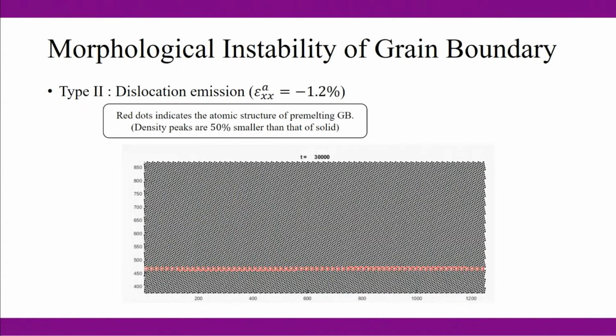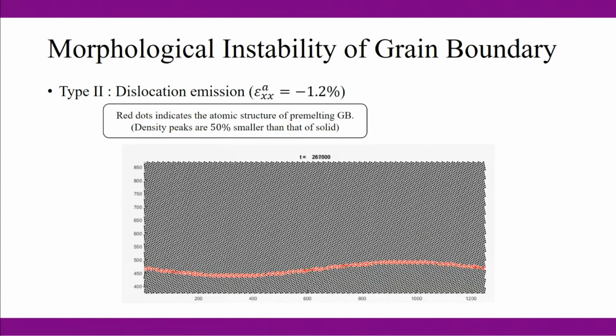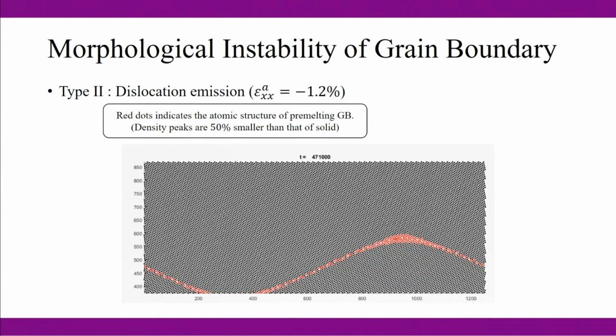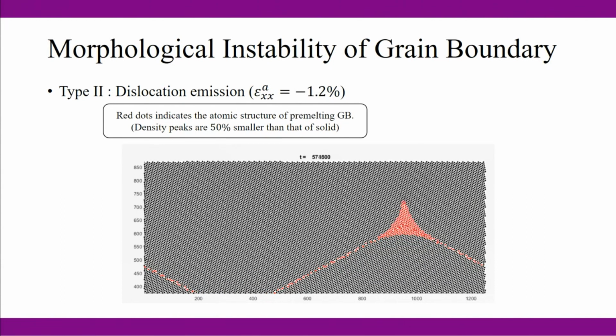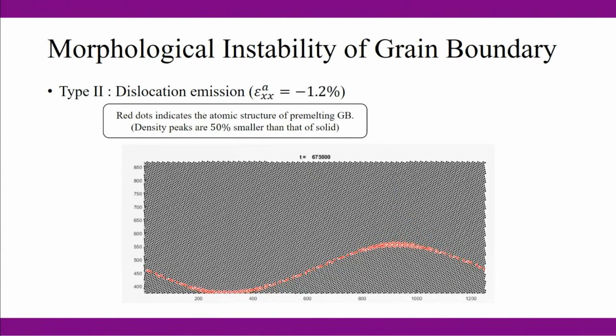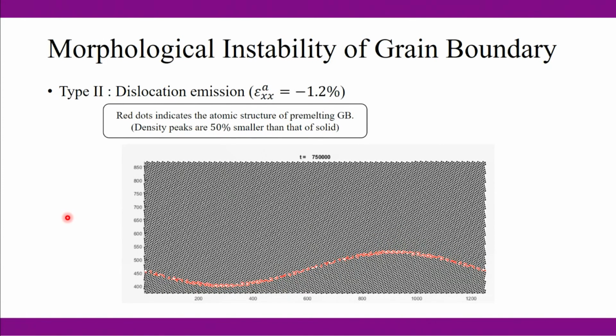And the third thing is that if you crank up the compression to like 1.2%, you are going to see this surface undulation occurring, right? You have this sinusoidal wave. And what's going to happen next is quite symmetric, but I didn't show the lower left part. But you're going to see a dislocation nucleation, and as we have shown in previous ATG, that's a very efficient way to get rid of the elastic energy, right?